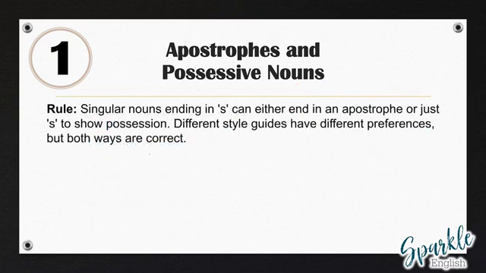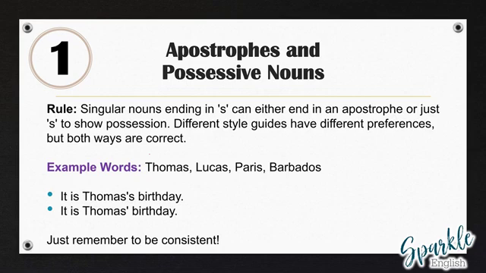Okay, now this is where it gets a little complicated, and this gets very difficult for even native English speakers. I see people who make mistakes on this all the time. Now, singular nouns that end in S can either end in an apostrophe or just S to show possession. Okay, so example words, I have Thomas, Lucas, Paris, Barbados. Okay, so two places, and I have two names.